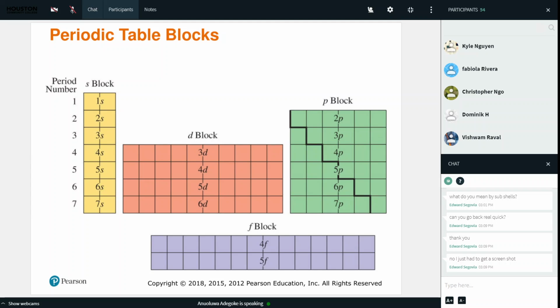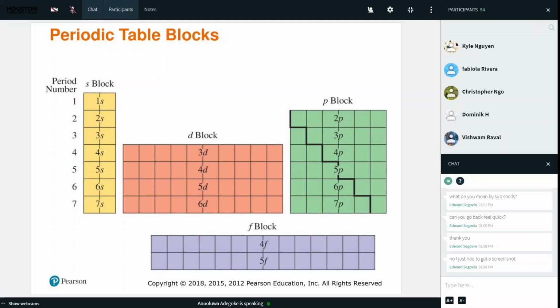So our periodic table that we use is broken into blocks. The one on the left-hand side is called the S block. As a matter of fact, let me show us the periodic table. I hope you guys have your periodic table.